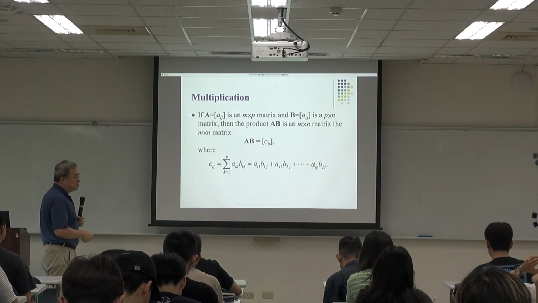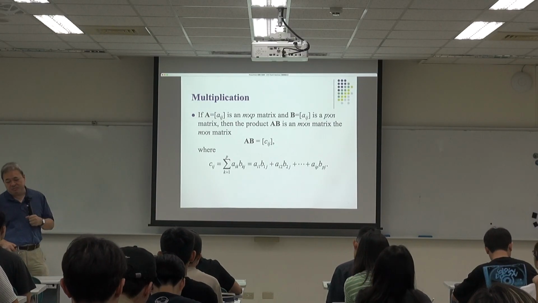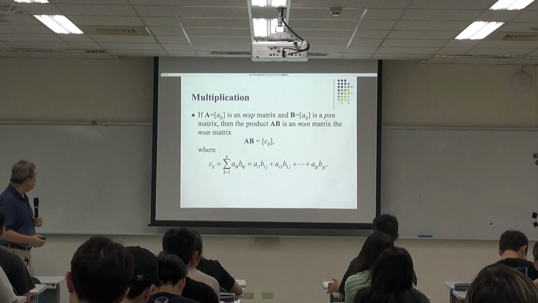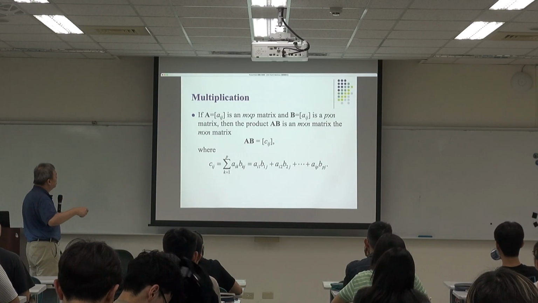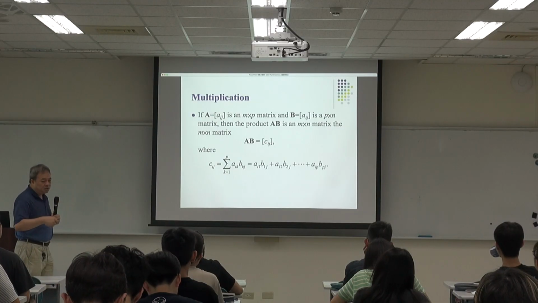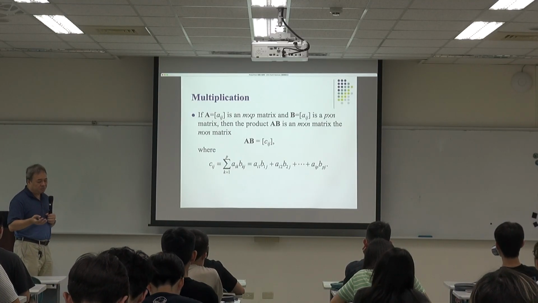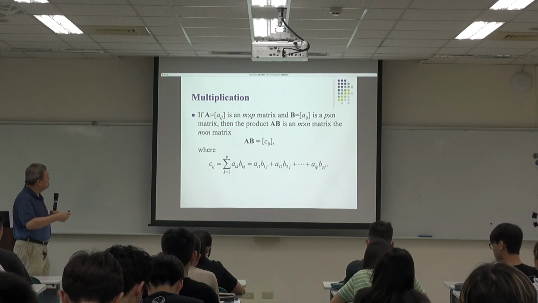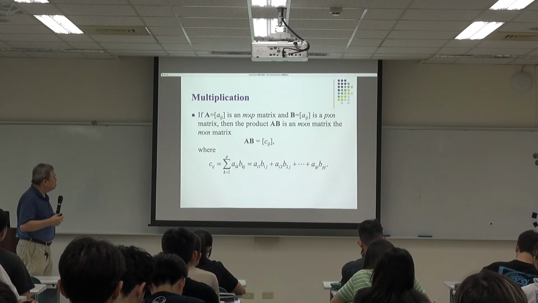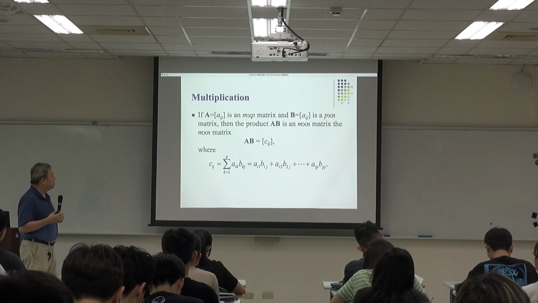But this one is different. For vectors, we don't have that. This is matrix multiplication. It's not like scalar multiplication; here we are multiplying two matrices together. There are two things we need to talk about.